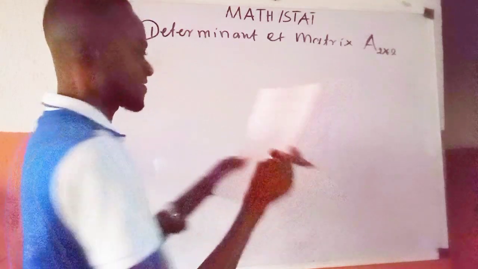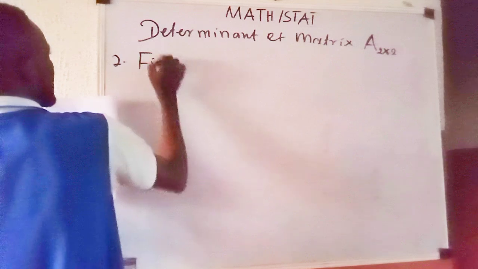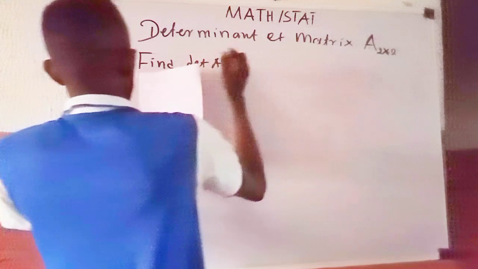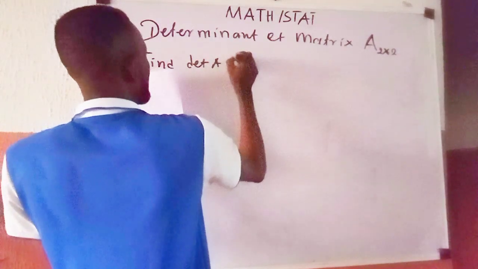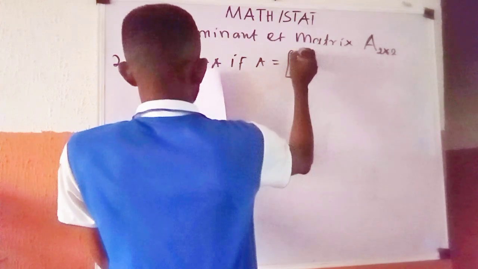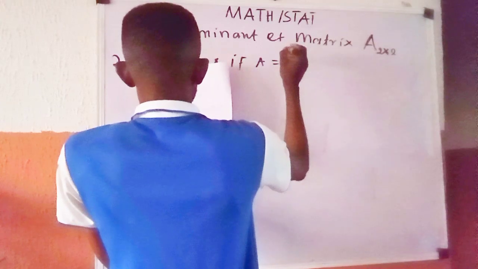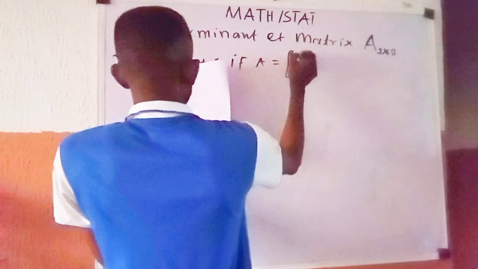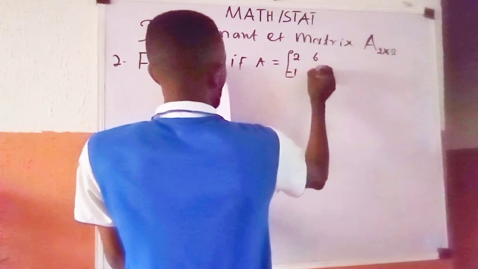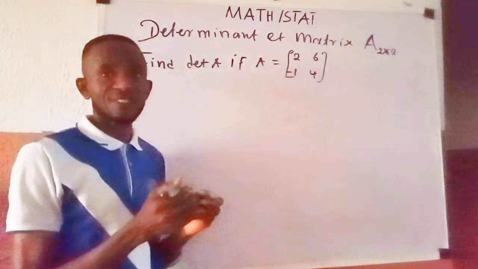Find the determinant of A, if A is given as 2, 6, -1, and 4. That's what you have. So let us attempt this one very fast.